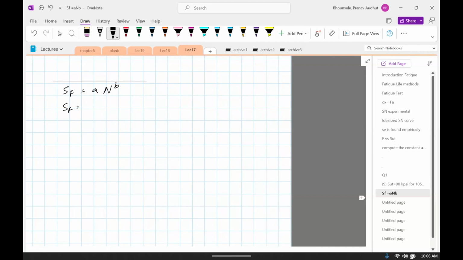A, we just computed as 131.58. n is 10 raised to 4 and B is minus 0.0776. So SF will come out to be 64.39 kpsi. So that's the answer.